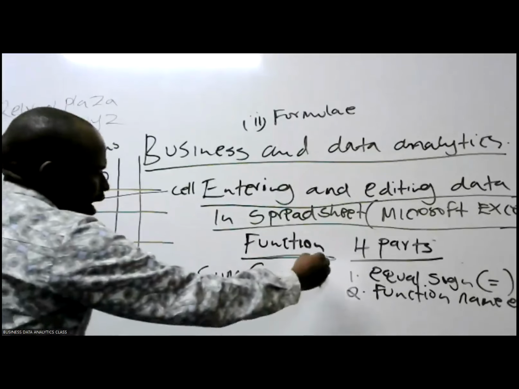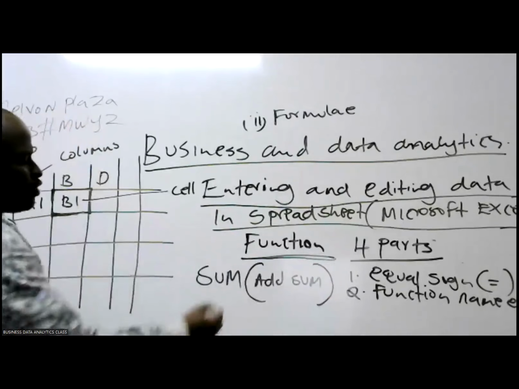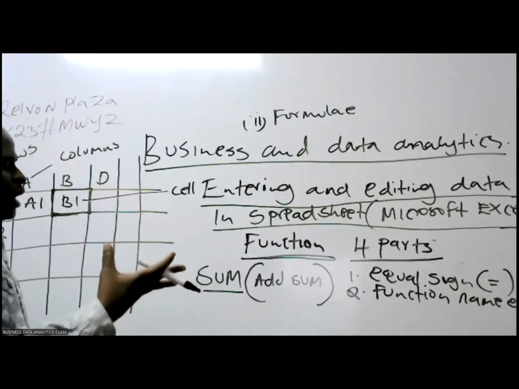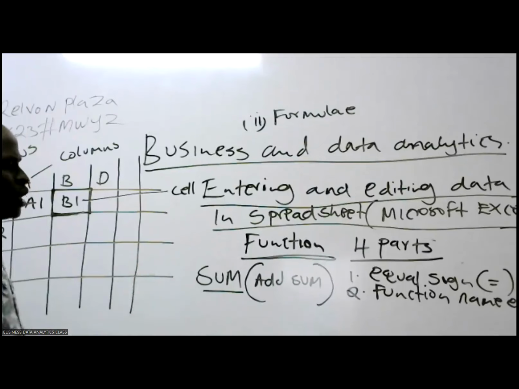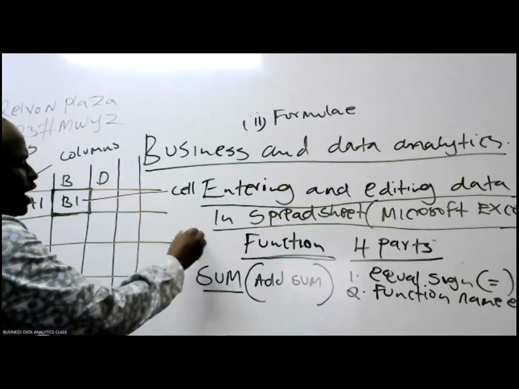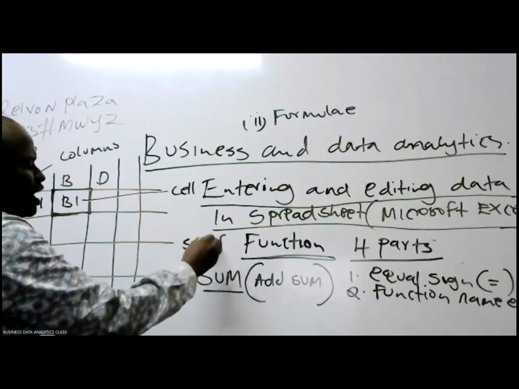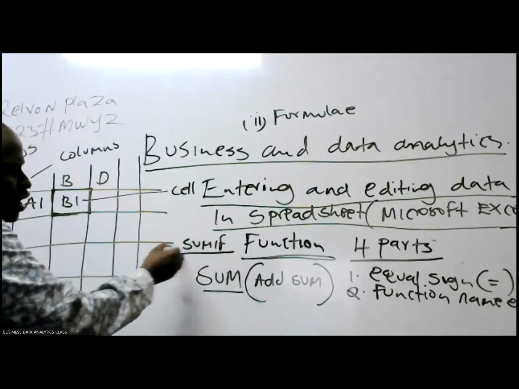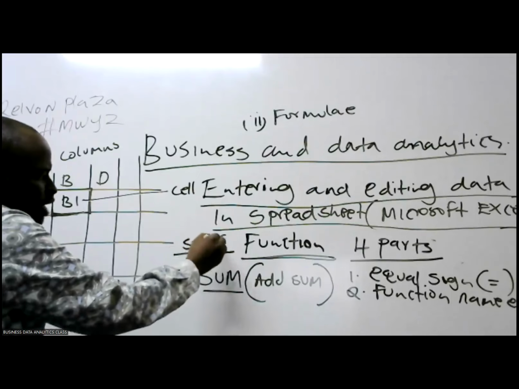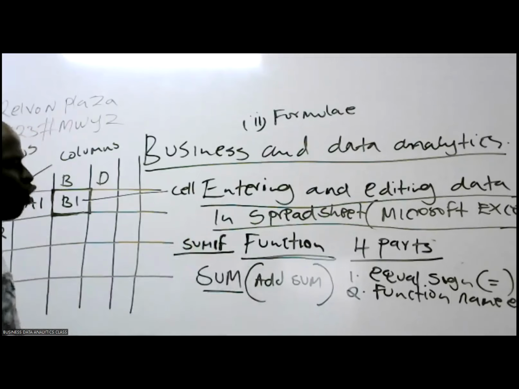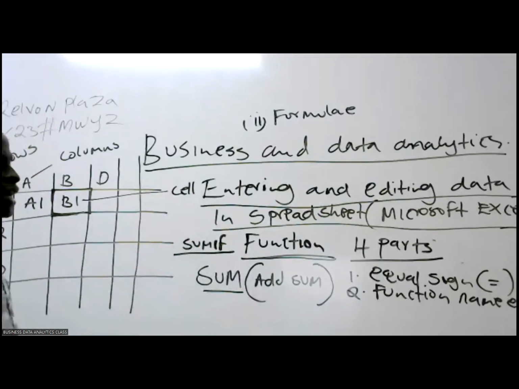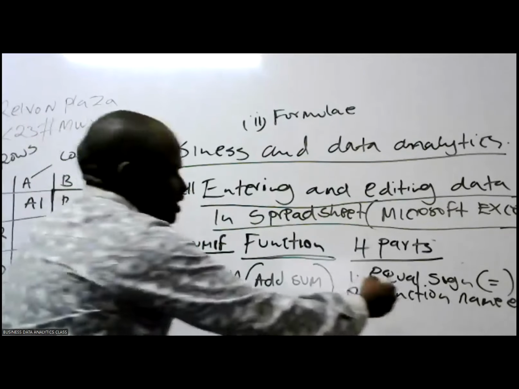Apart from SUM, we have the average, the mode, the square root, and also what we call SUMIF. SUMIF is the advanced version of this one: you use it only when adding values that meet a specific or particular criteria. So that is the function name.